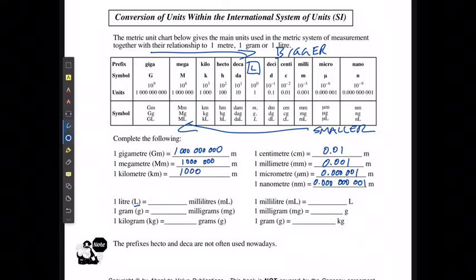So 1 liter is the same as 1,000 milliliters. 1 gram is the same as 1,000 milligrams. And 1 kilogram is the same as 1,000 grams. A milliliter is 0.001 liters. A milligram is 0.001 grams. And 1 gram is the same as 0.001 kilograms.